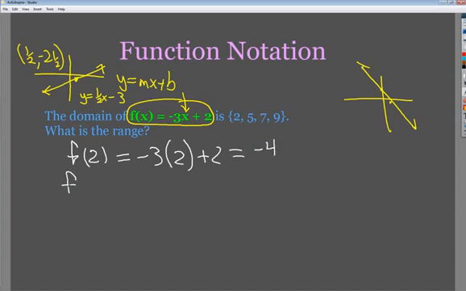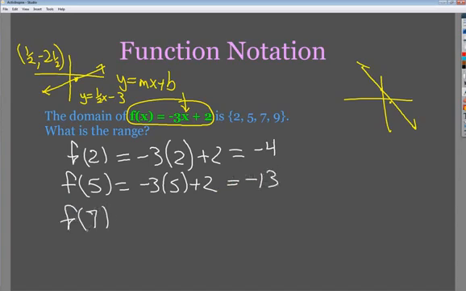My f of 5, negative 3 times 5 plus 2, so you get negative 15 plus 2 more gives you negative 13. F of 7, so here negative 21 plus 2 gives you negative 19.